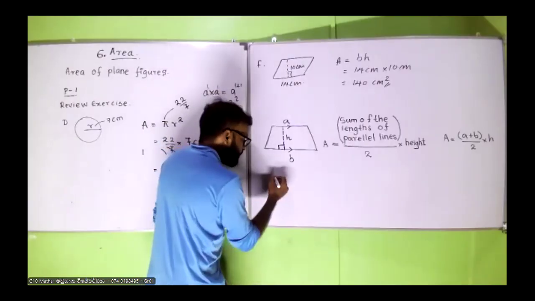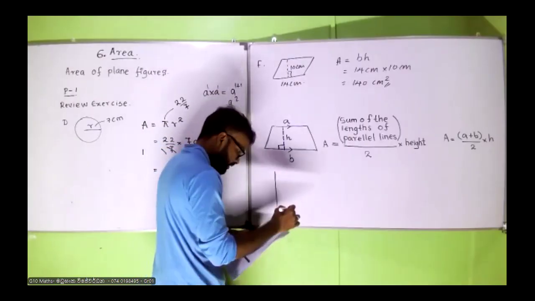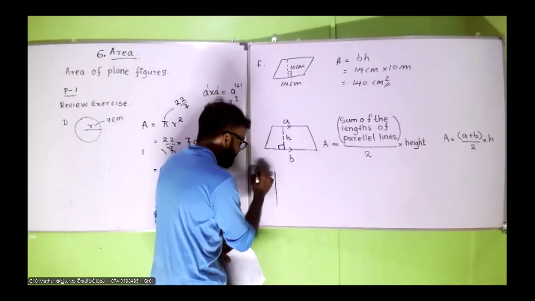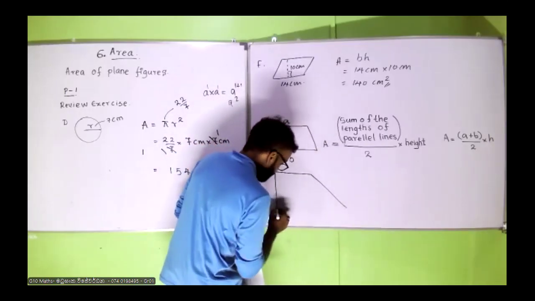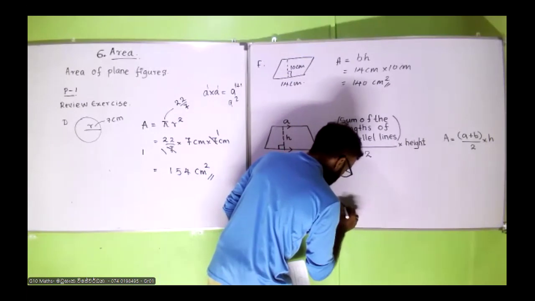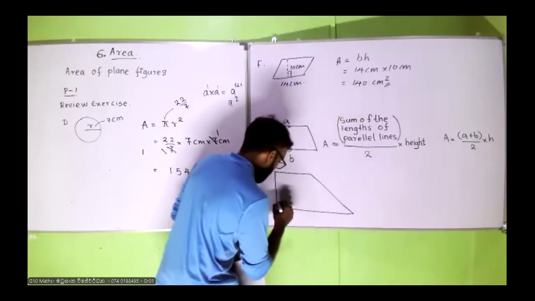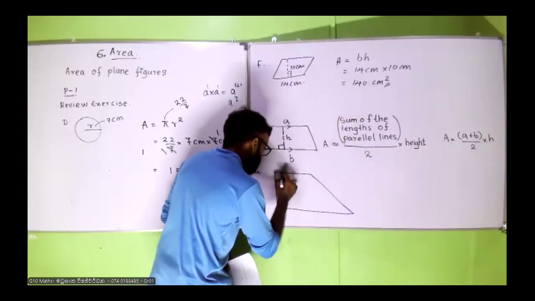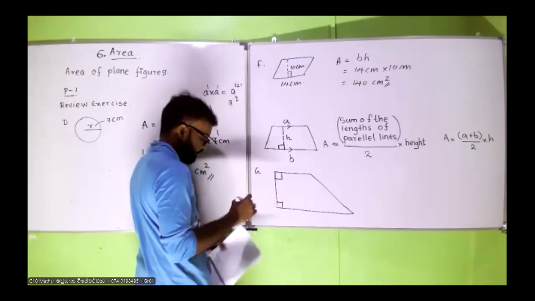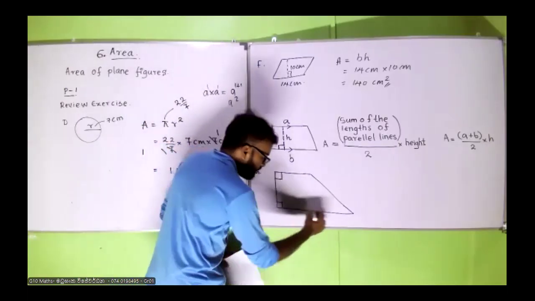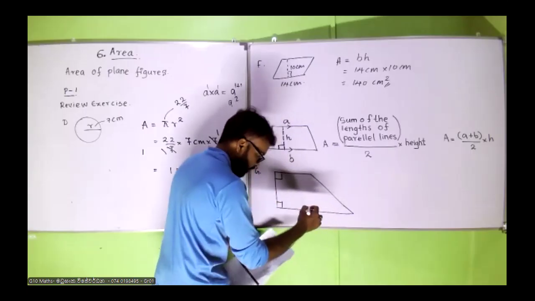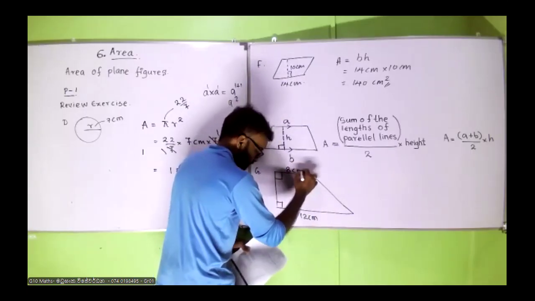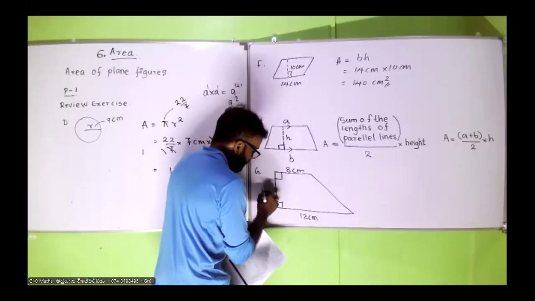So here it is part G. It is something like this. Ninety degrees. Sorry. This length is 12 centimeters, then the top is 8 centimeters, where the height is 4 centimeters.